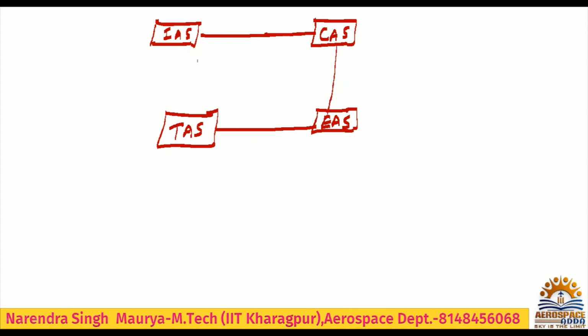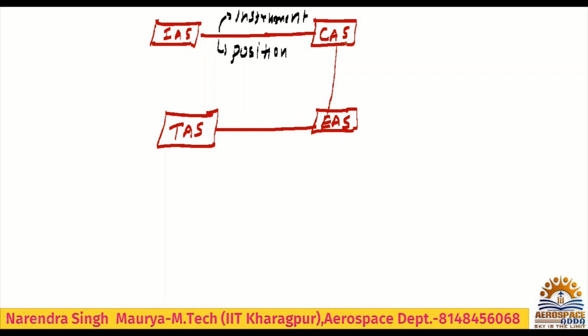If you correct indicated airspeed for instrument error and position error, then you will get calibrated airspeed.